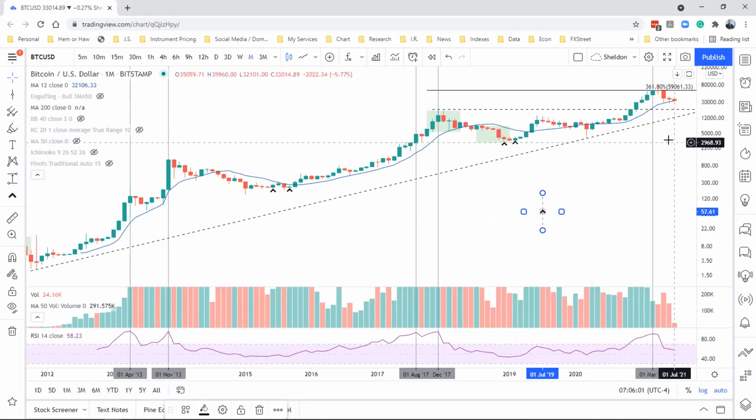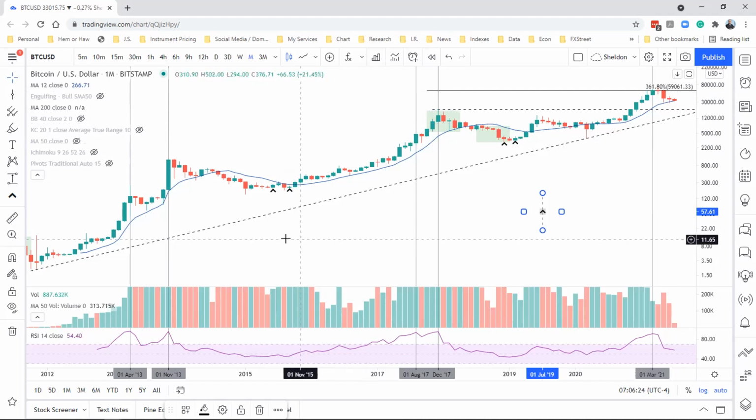Now at this point, we're sitting on the 12-month simple moving average. Last month we first touched it, and this month we're holding it right now. So on that basis, we are at an inflection point in terms of the longer-term trend for Bitcoin in this particular advance off the March 2020 lows.